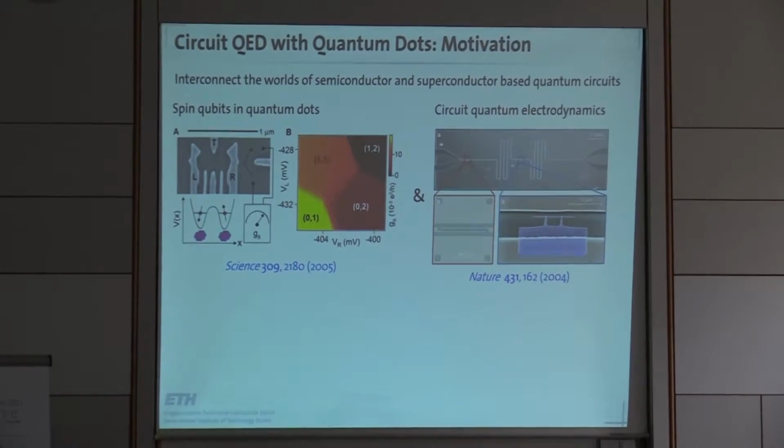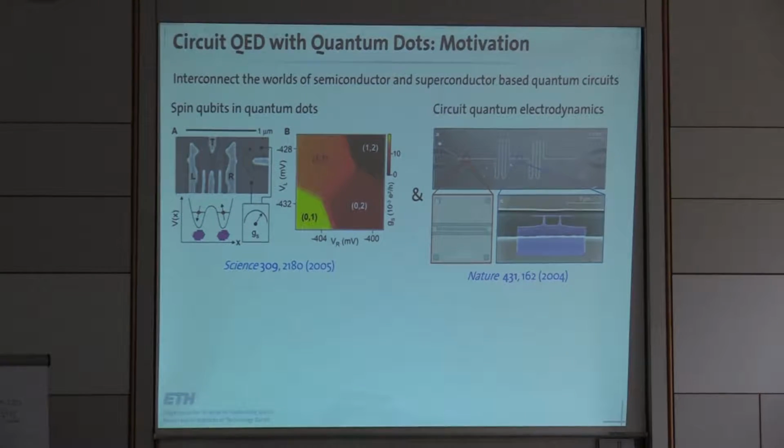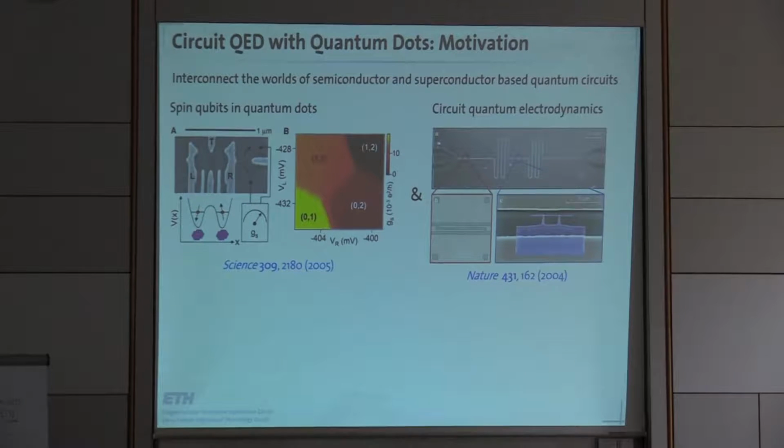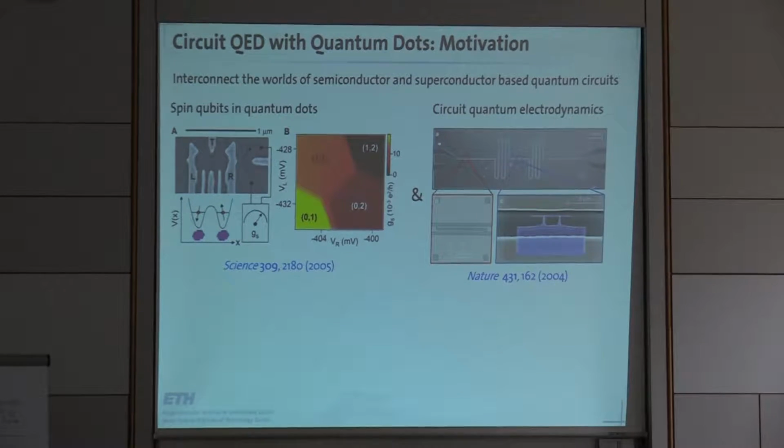Okay, so why would you bother putting circuit QED together with quantum dots? Why would you bother trying to integrate superconducting electronic circuits with semiconductor quantum dots? There's maybe a number of motivations. Each one of these systems is quite nice to study quantum physics on its own.